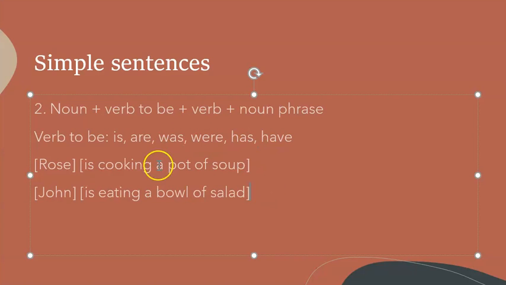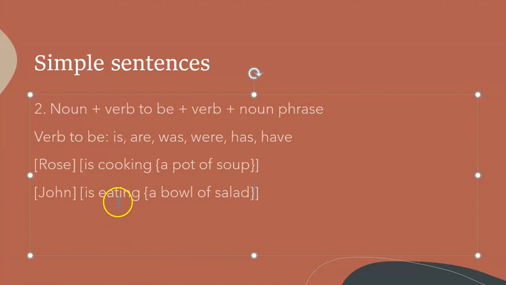So remember, this is your noun phrase, which is the object of what John is doing. The object of it is a bowl of salad. The action here is eating. The action here is cooking. So this is the second way of writing a simple sentence.